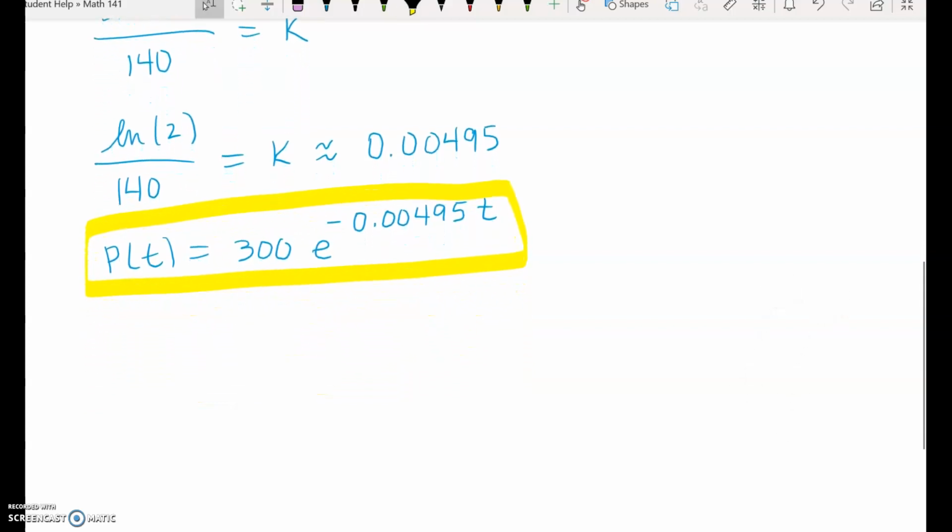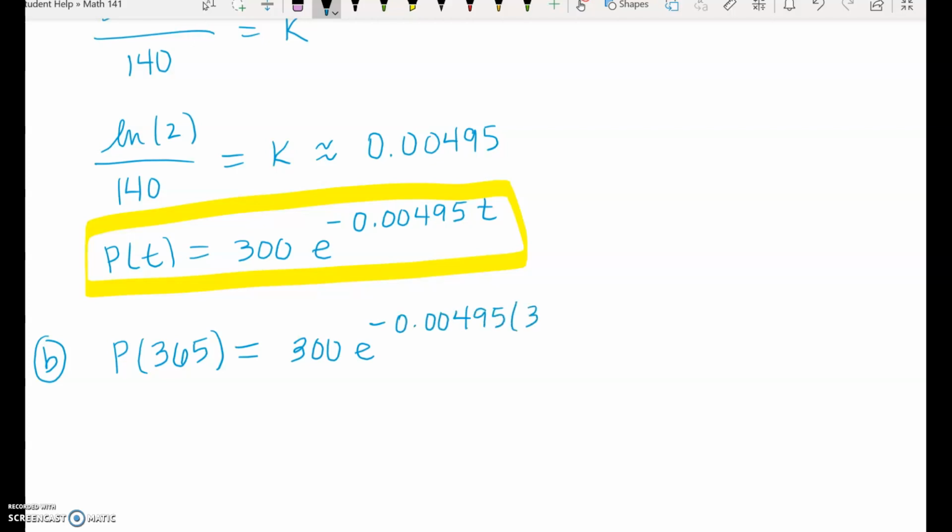For the second part, we want to know how much of the substance is remaining after 1 year. So that would be 365 days. So we'll find P of 365. This is part B. 300 e to the negative 0.00495 times 365.